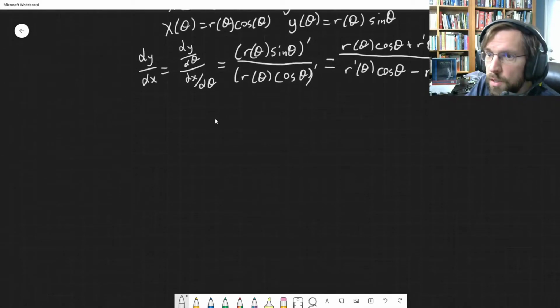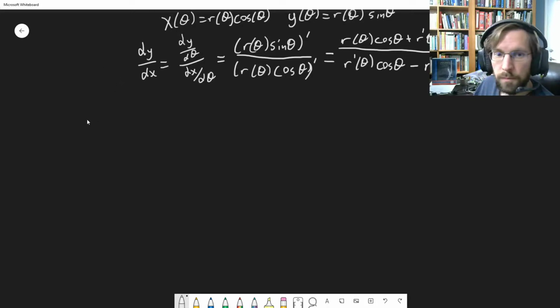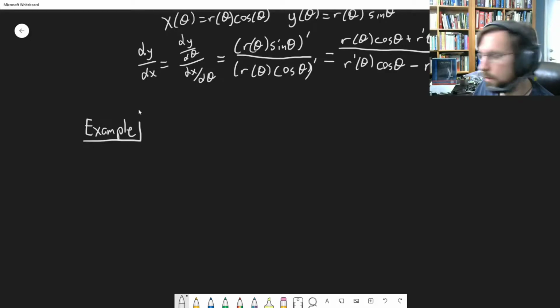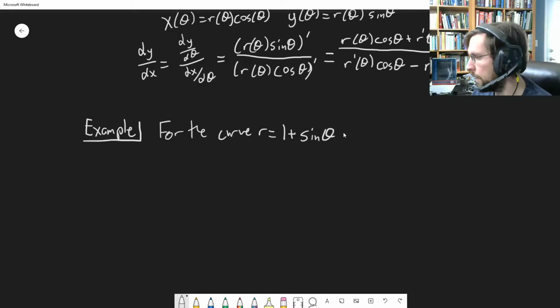Okay, so let's use this in an example. For the curve r equals 1 plus sine theta, remember we drew this in a previous video.